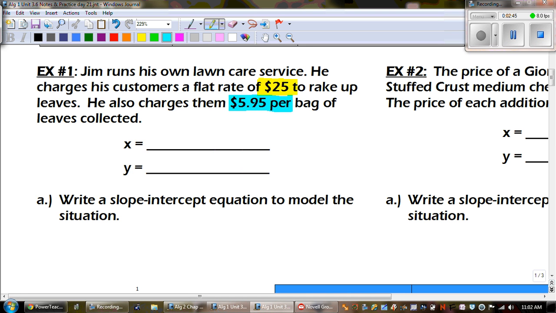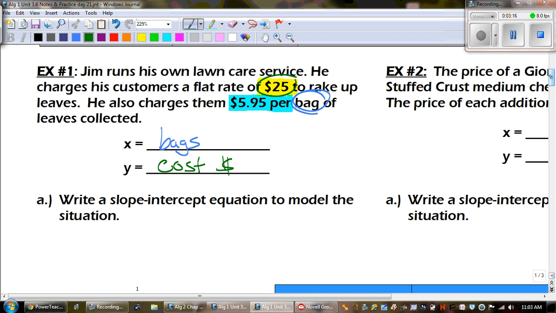We're not talking about time, so X can't be time. The thing that changes is we don't know how many bags, so X is going to be the bags. And Y is normally your money, so Y is going to be the cost.